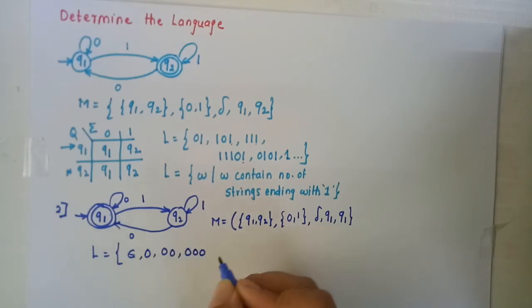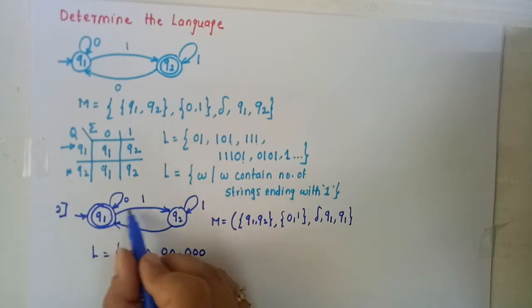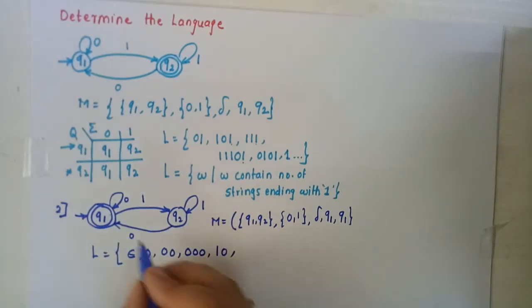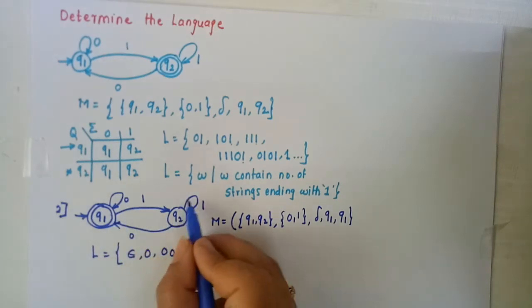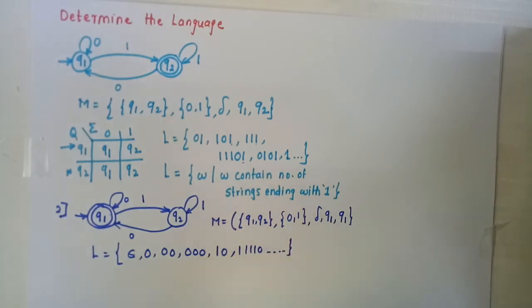Next we can travel from q1 to q2 with 1 0, right? Next 1 1 1 1 0, and so on. Again every time ending with 0. Here we can consider the null string; the null string is also ending with 0. Single 0, multiple times 0 0. Every time the string is ending with 0.